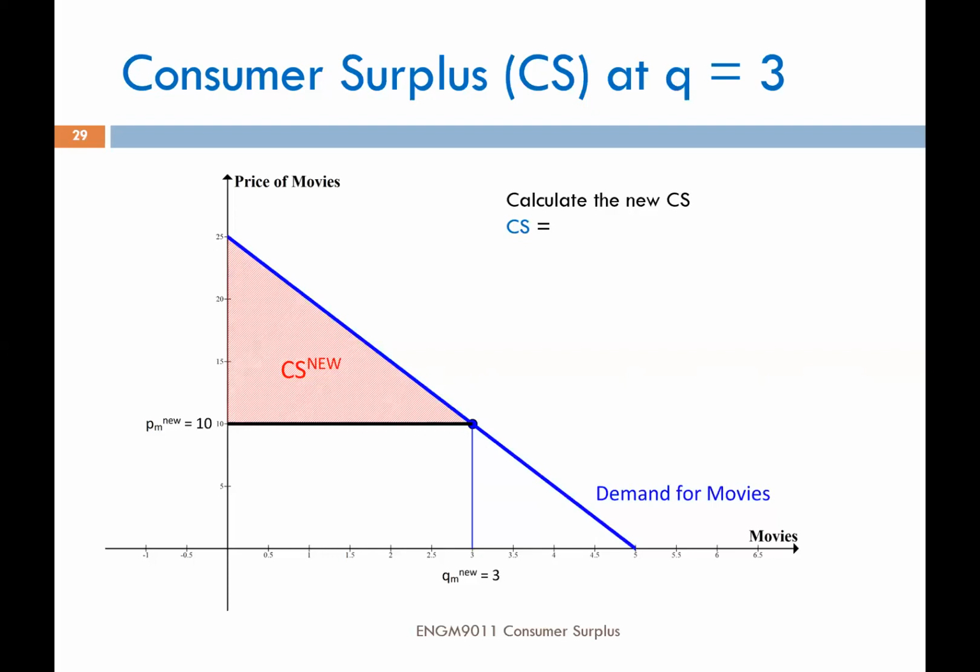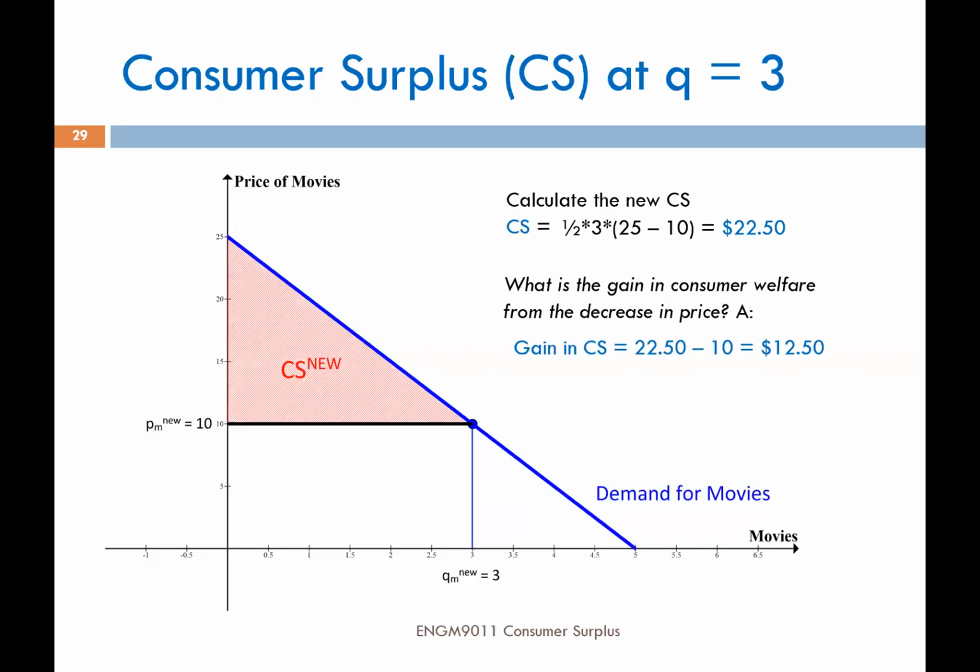And you can see again, it's a triangle, half the base times the height. The base is 3, the height is 15, and that area is equal to 22.50. So remember, before it was equal to $10. Consumer surplus was $10. Now it's 22.50. So that's a gain of 12.50.